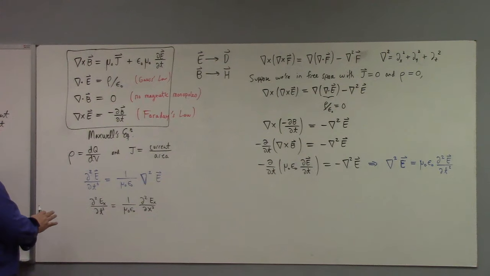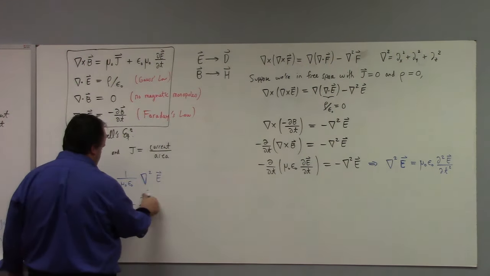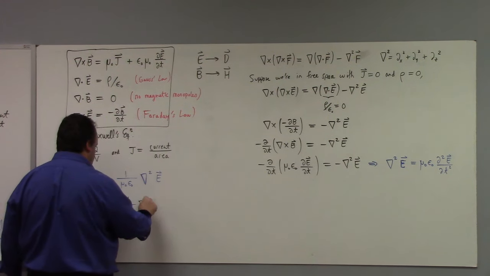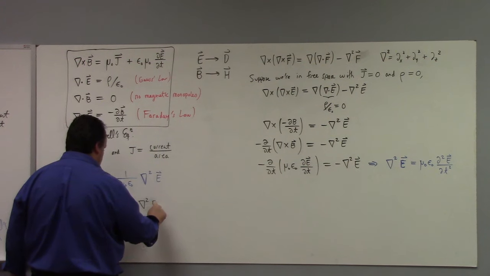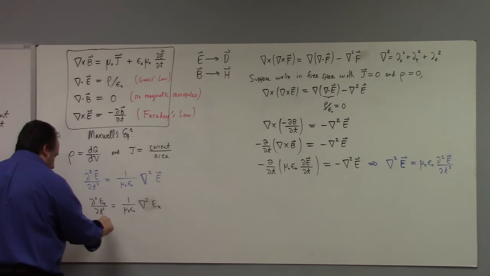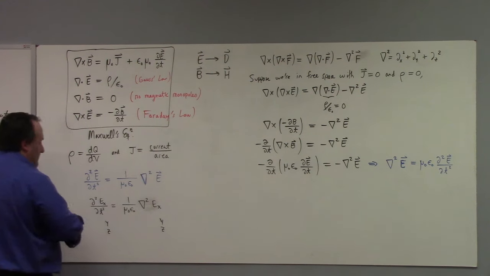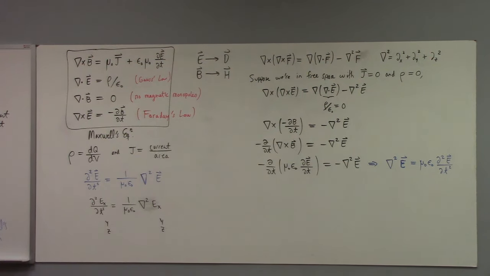I'm sorry, guys. Let me not write down nonsense. This is, of course, still nabla squared E_x. The same is true if I write it down with y or with z. So we have this partial differential equation for the x component, for the y component, and also for the z component. All right, that's what's going on here.